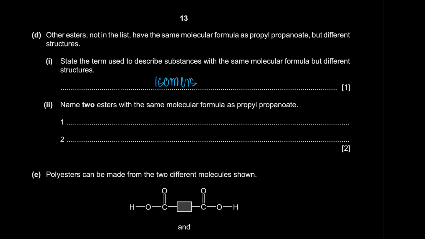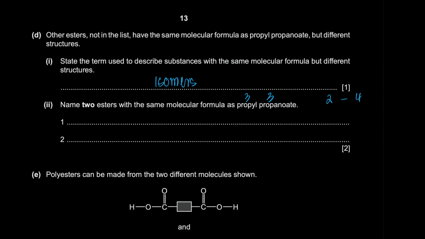Name two esters with the same molecular formula as propyl propanoate. Okay, so I like this question. Propyl propanoate would have 3 carbons in the alcohol and 3 in the acid part of the ester. So you could have 2 in the alcohol and 4 in the acid.